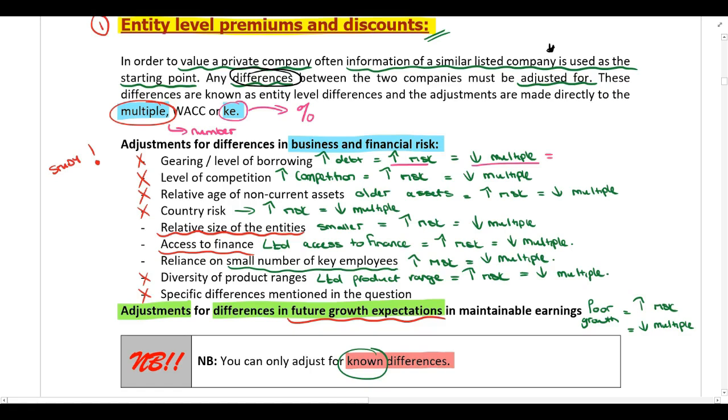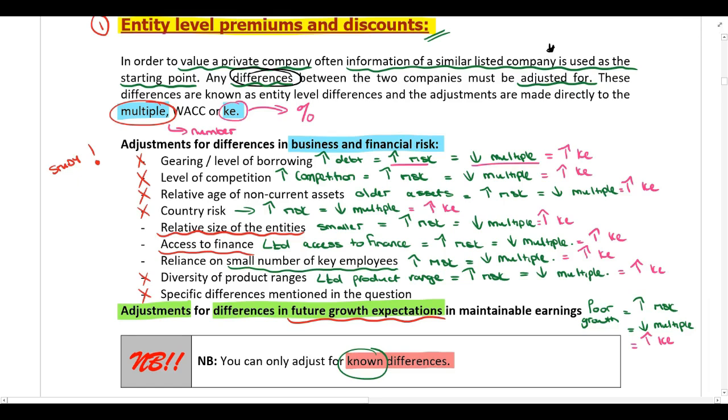So instead of decreasing, you are going to increase the cost of equity. Okay, so your adjustment just moves in the opposite direction.